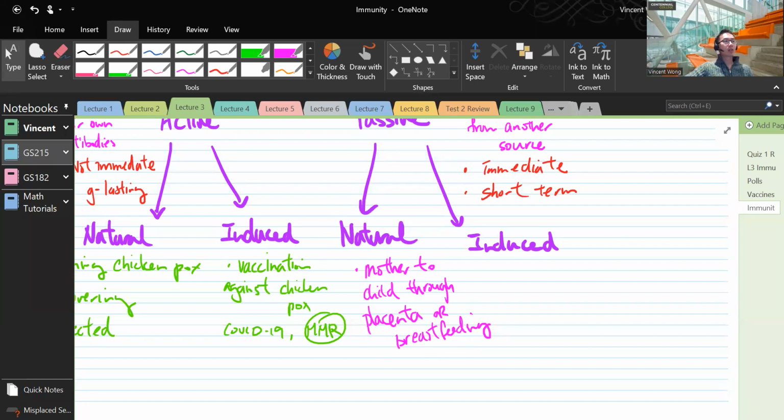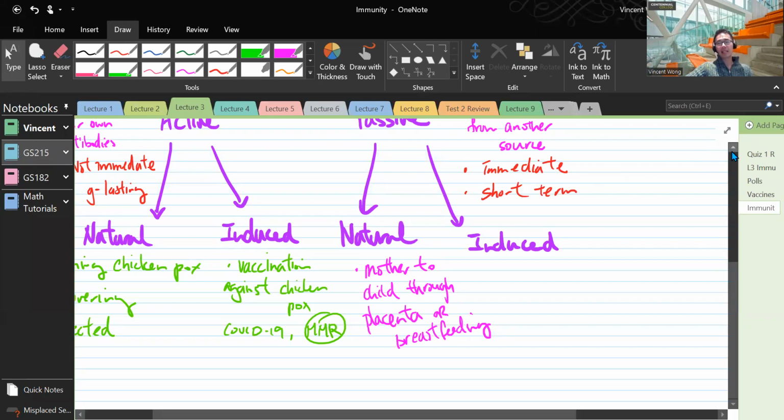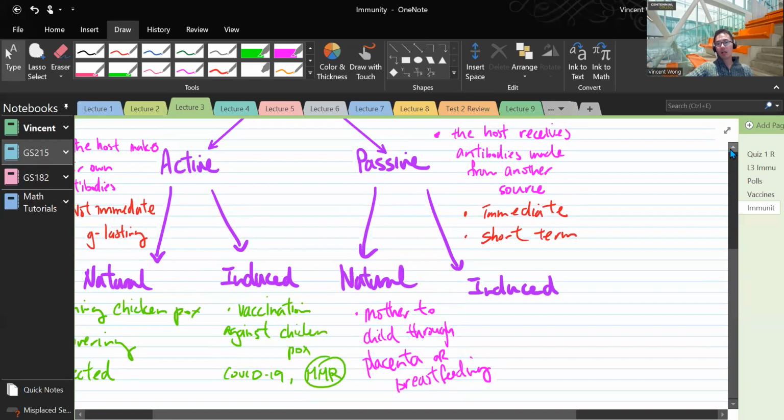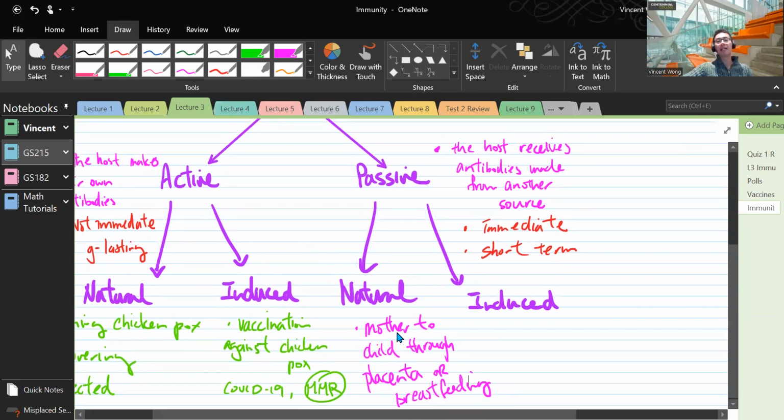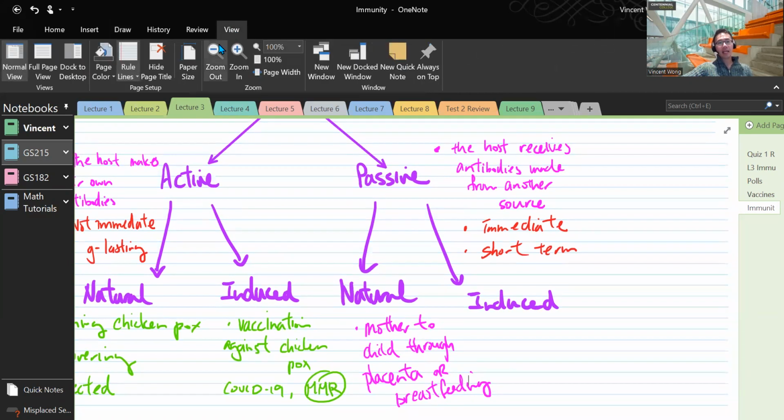There is an article that came out, I think I read it last month, that says mothers who are vaccinated, their babies are also, I forgot what the exact percentage is, but they are significantly more protected from COVID than mothers who are not vaccinated because of this ability for the mother to pass it on. Okay.